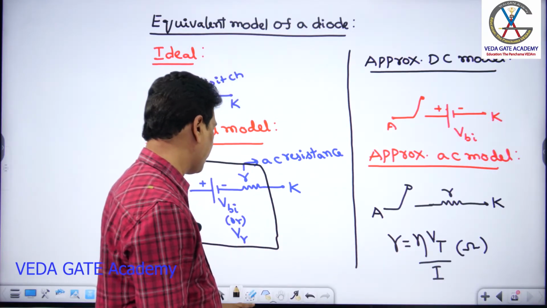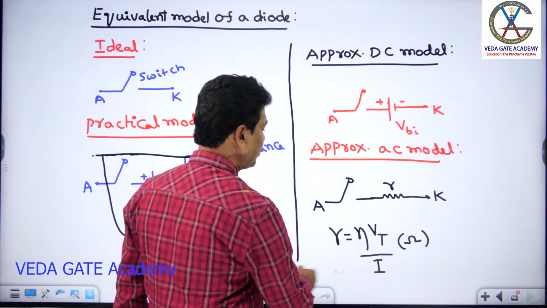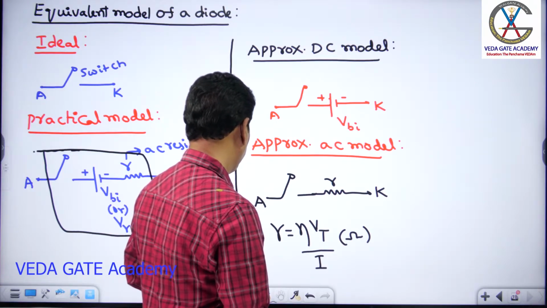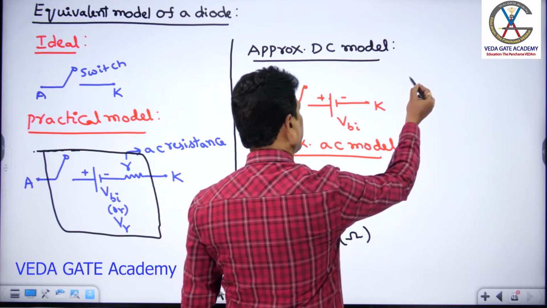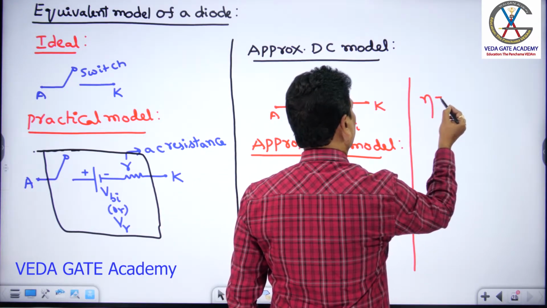So what are the different terms there? Eta stands for ideality factor.